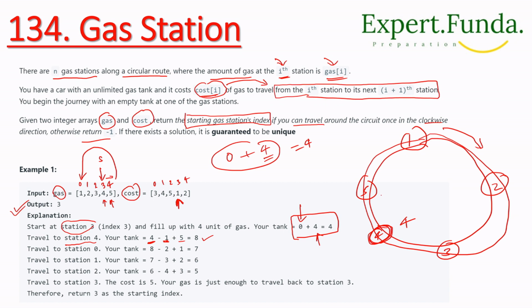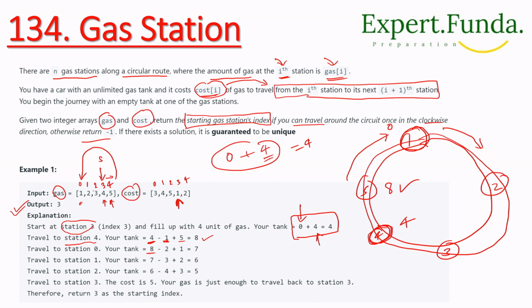Now we are coming to 8 here, which we have already calculated. As it is circular, we have to move to index 0, and that is station 1. So we are at 1 now. The previous one is 8, so that's the reason we are here at 8.